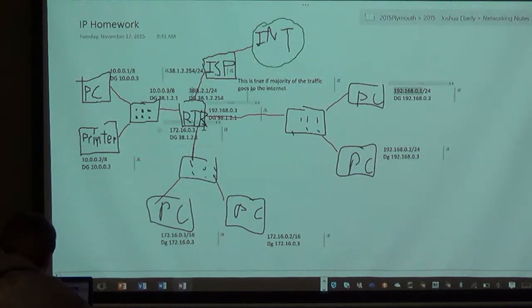So it's going to say, oh yeah, you want to send it to 192.168.0.0. Therefore, I'm going to send it out on this interface, which is going to find these PCs over here. That's how a router works. There's not any real need to include a routing statement on this router because it's connected to all the potential networks that it needs to.